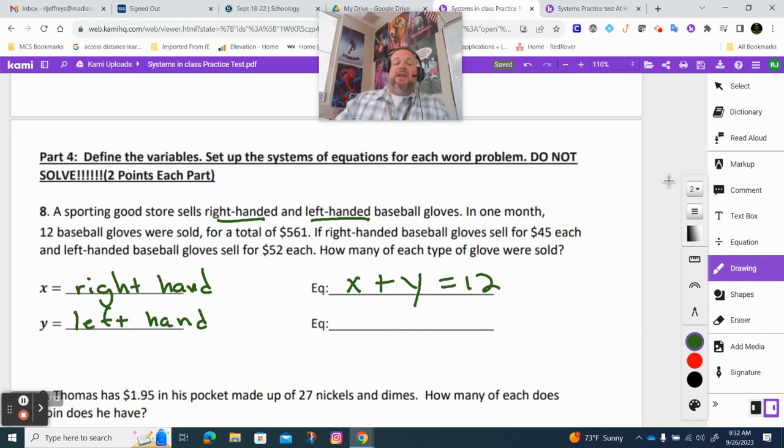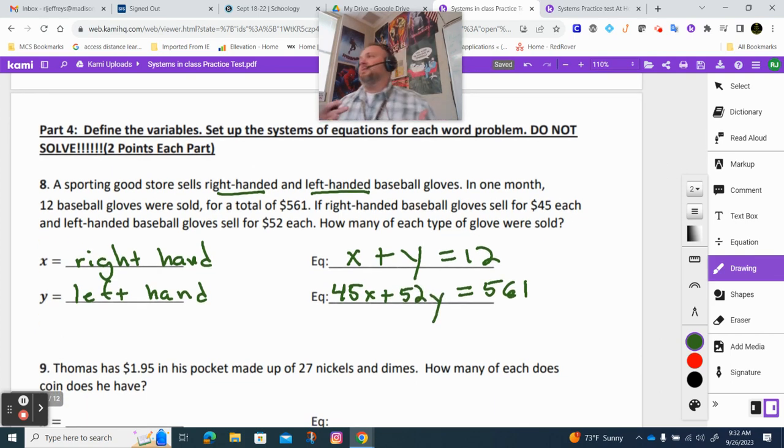It also says how much they earned. Right-handed is $45 each, so 45x. And left-handed is 52. And that's all you have to do. You don't have to solve these.